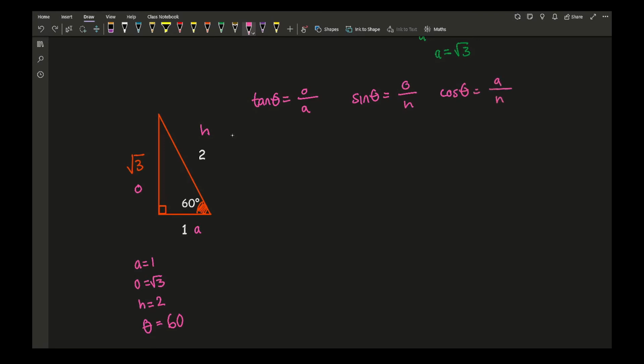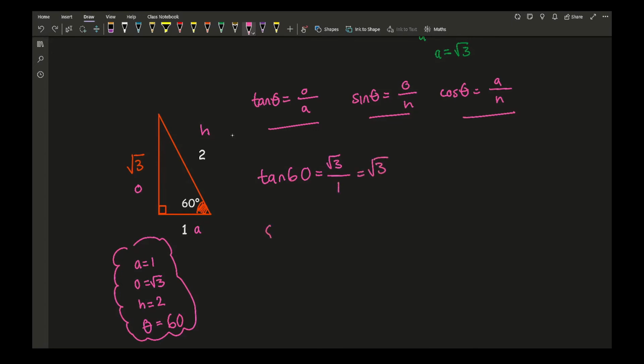So now substituting these numbers into those trig ratios, I end up with tan 60 equals root 3 over 1, which is just root 3. I've got sine 60, which is opposite over hypotenuse, so that's root 3 over 2.